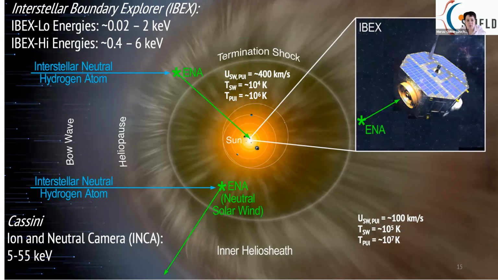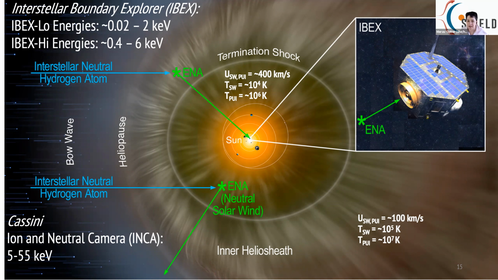Okay. So IBEX is a mission that measures the neutral hydrogen, and most of the high precision measurements come from 0.4 to 6 keV. Those are neutral hydrogen. So imagine an X-ray, you're doing a tomography of the heliosphere.